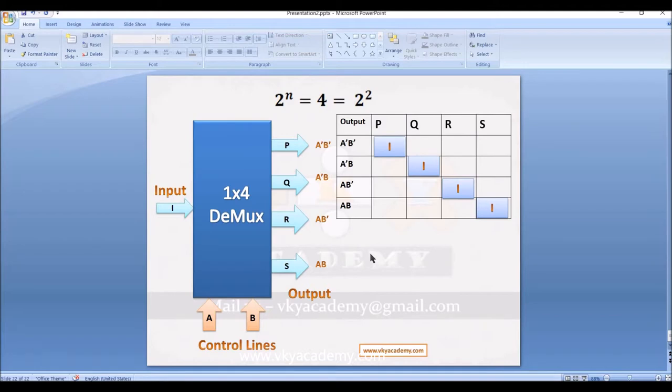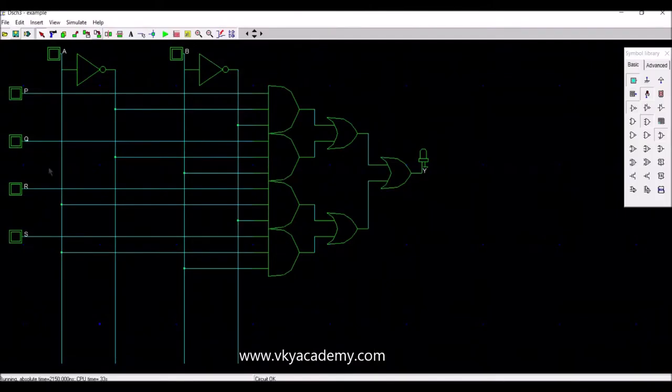So let us move to the DSCH software and design the 1 cross 4 demultiplexer. Now this particular design we did in our last class or in lecture number 4. Let us convert this 4 cross 1 multiplexer to a 1 cross 4 demultiplexer. Now we need one input, so let us remove all these inputs.